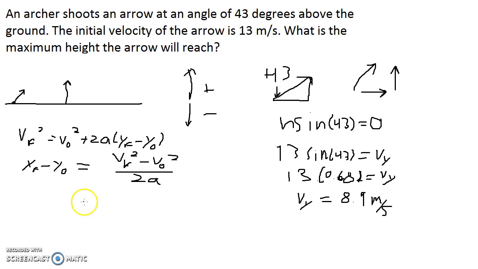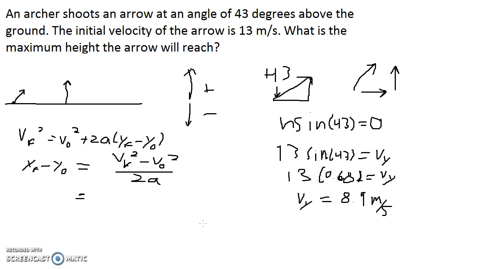So now that we have this all solved, let's plug in what we know. The final velocity squared is going to be 0, because at the peak of its flight, it's just stopped in air. You can think about the y motion of a flying thing like this: if you shoot this arrow straight up, you can separate the y and the x components in your mind.